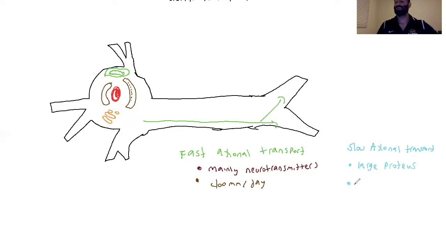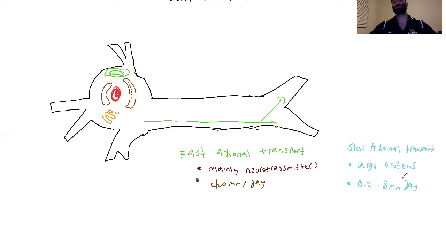I'm going to put down here, let me see what I put on the study guide. Yeah, it does move between 0.2 and 8 millimeters per day. What's interesting though is that when it does move, it moves just as fast as fast axonal transport. It just has long periods of, I guess you can call it, rest.